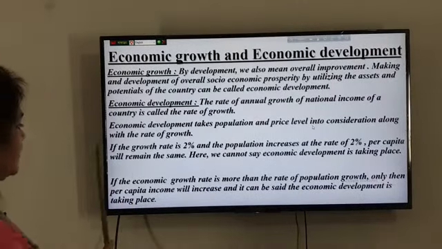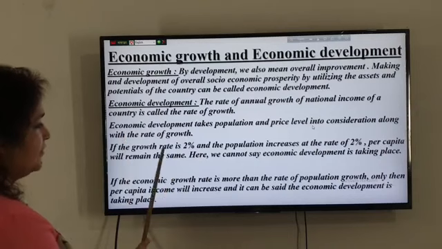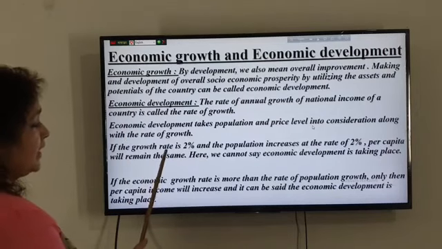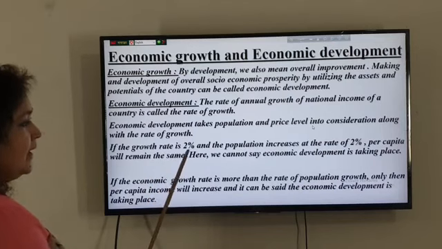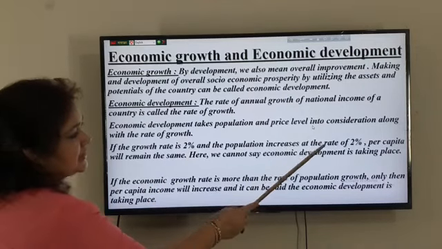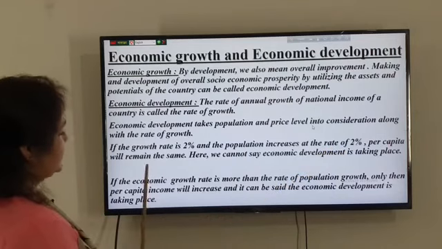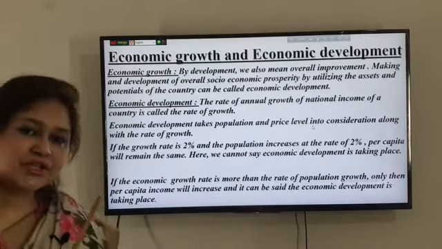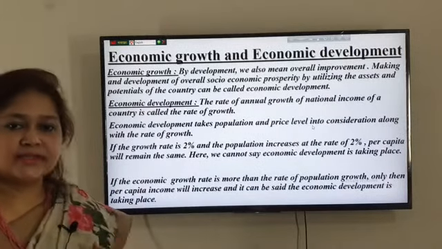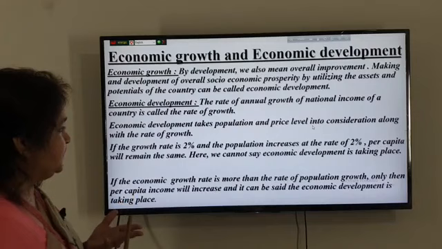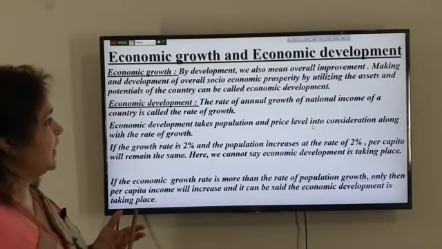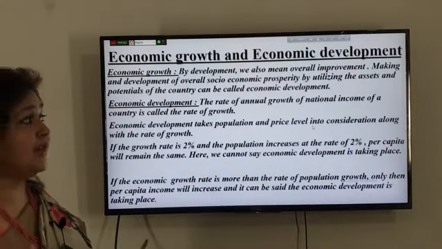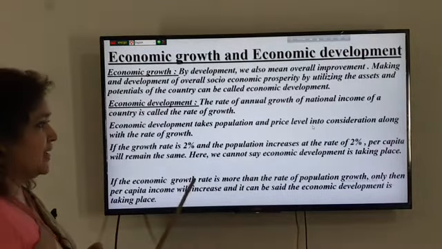If the growth rate is 2% and the population increases at the rate of 2%, per capita income will remain the same. I mean, population growth rate 2% and the annual growth of national income is 2%.